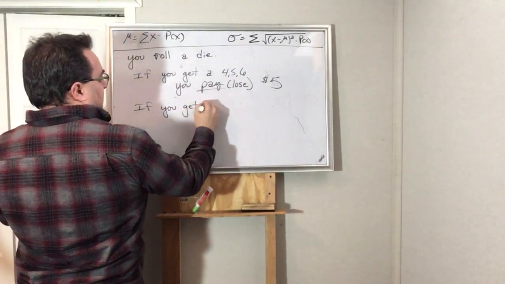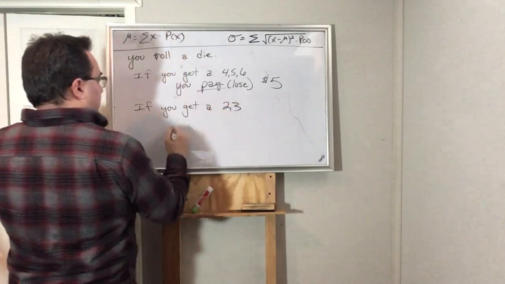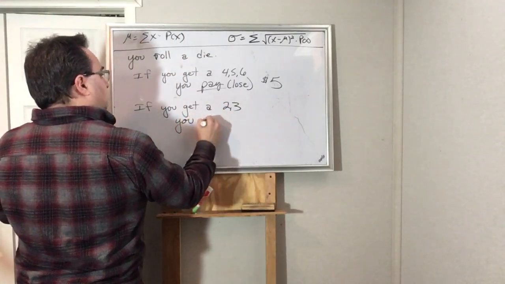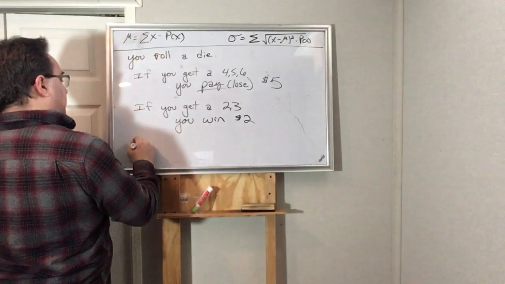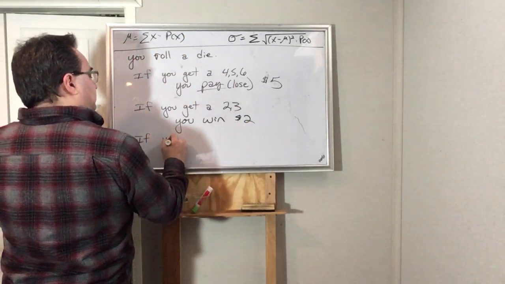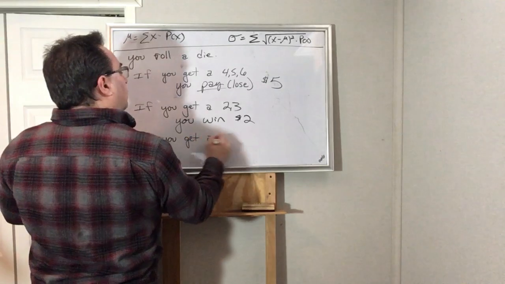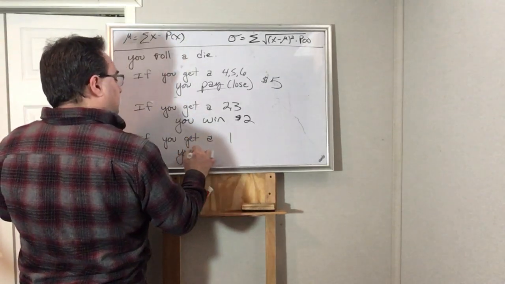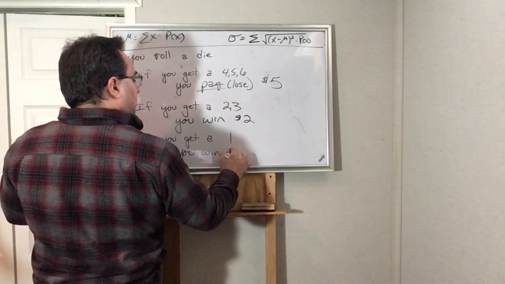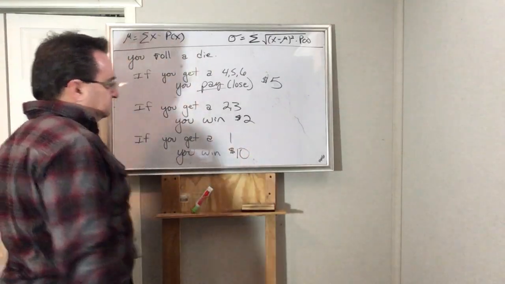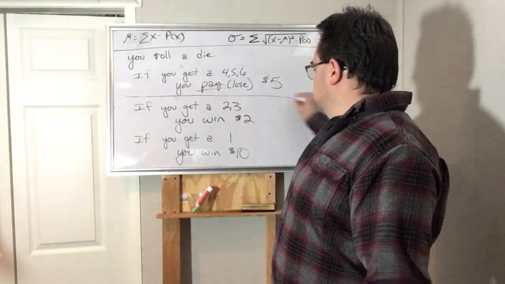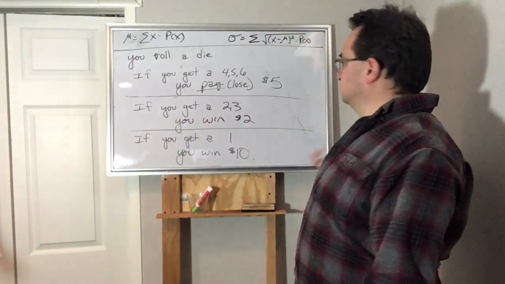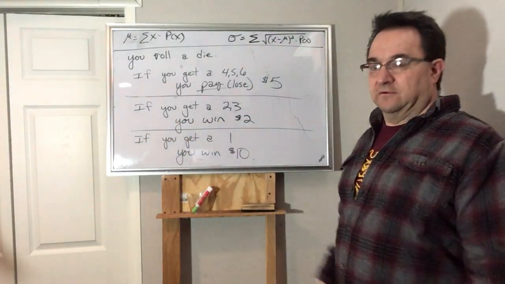If you get a 2 or 3, you win $2. And if you get a 1, you win $10. So there's 3 scenarios. And this is the game we're going to play, right?